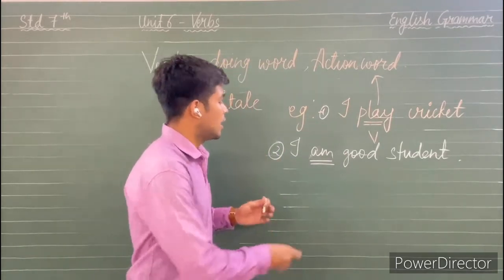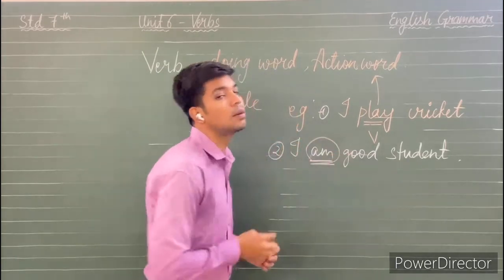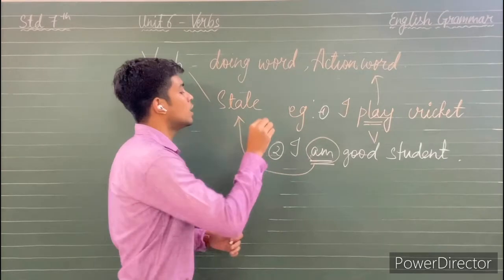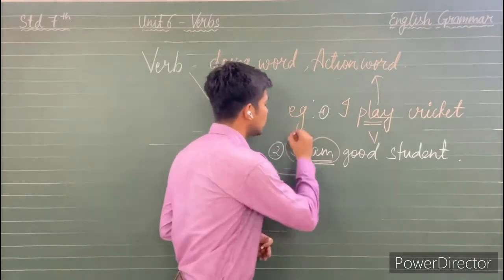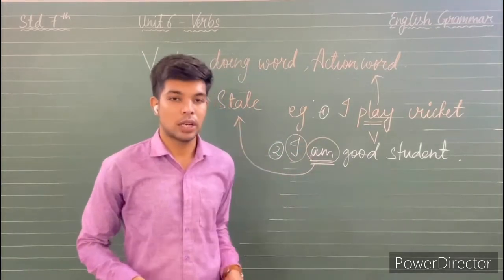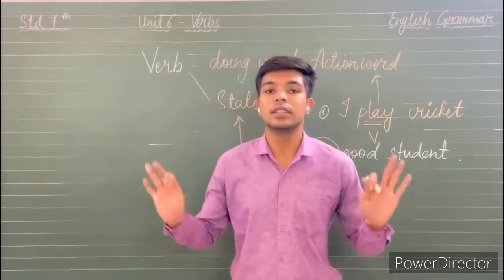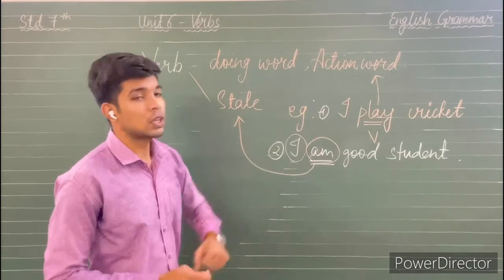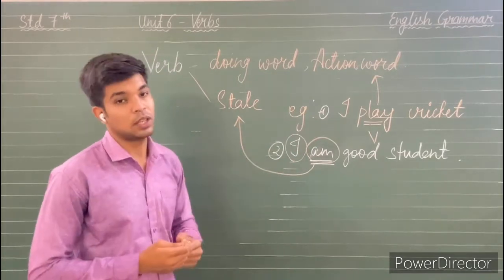So here am is the verb of the sentence, and it represents the situation of the noun or the pronoun. This was the understanding of verbs as action words and situational verbs.